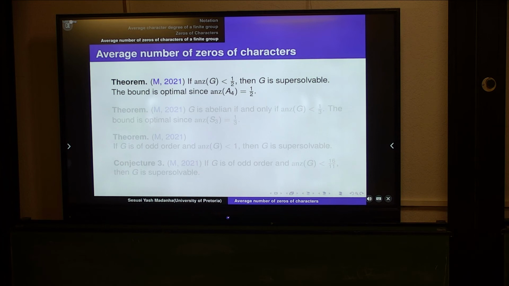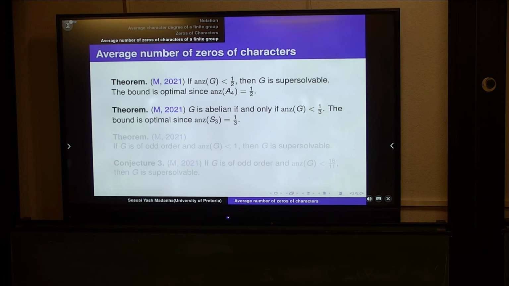And so we proved that. And then when we looked at nilpotency, something weird happened, which is that not only will the group be nilpotent, but it will actually be abelian.